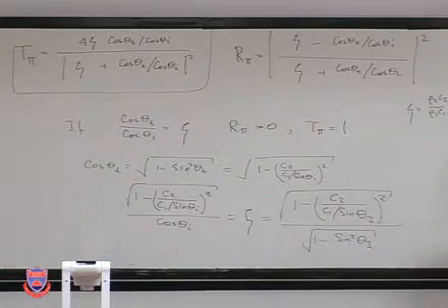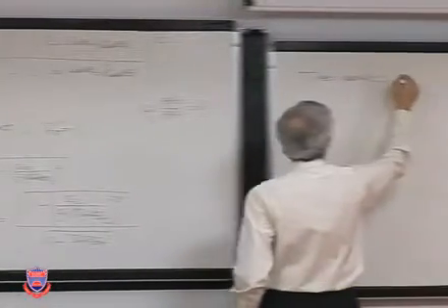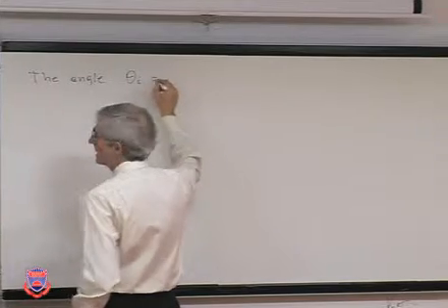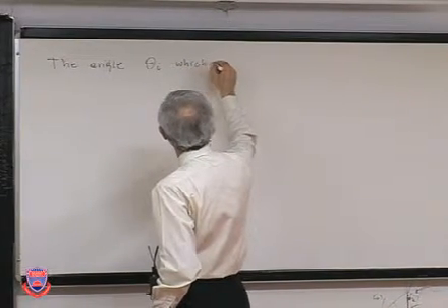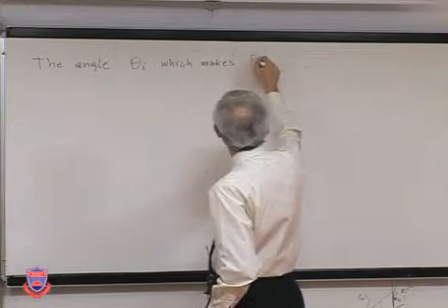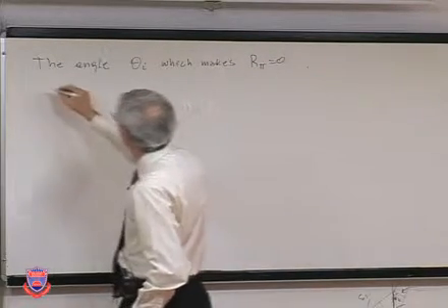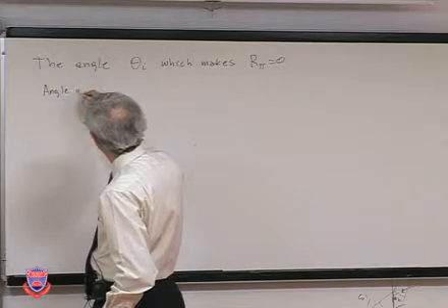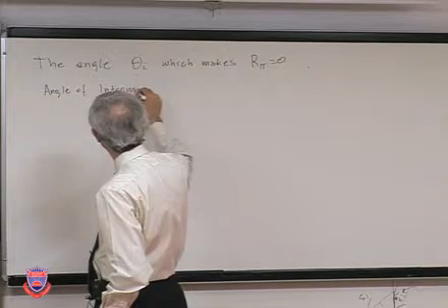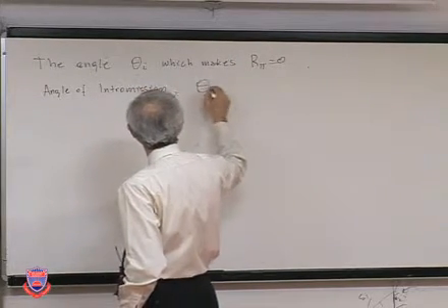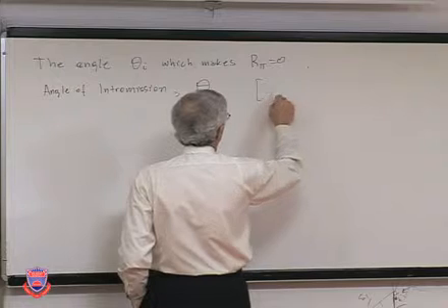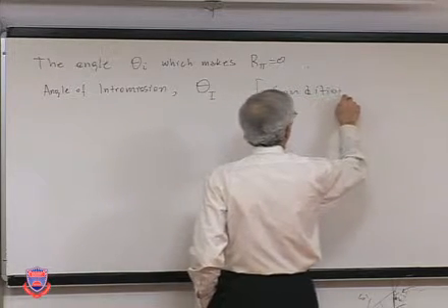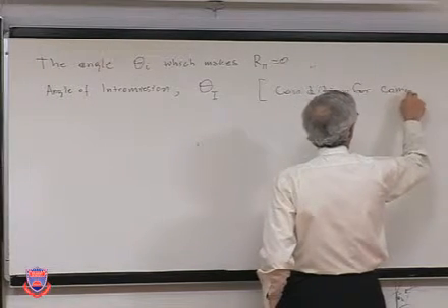The angle theta I which makes this zero is called the angle of intromission, and we write it as theta capital I. And this is then the condition for complete transmission.